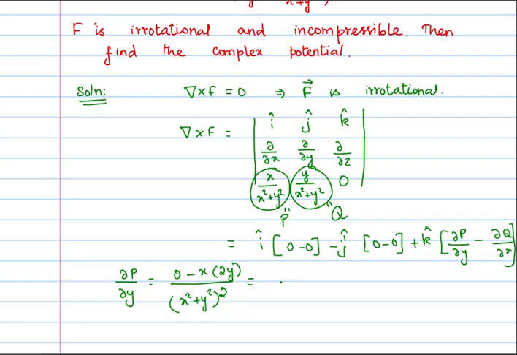So del P by del y equals minus 2xy divided by x square plus y square the whole square. This is valid for x, y not equal to 0.